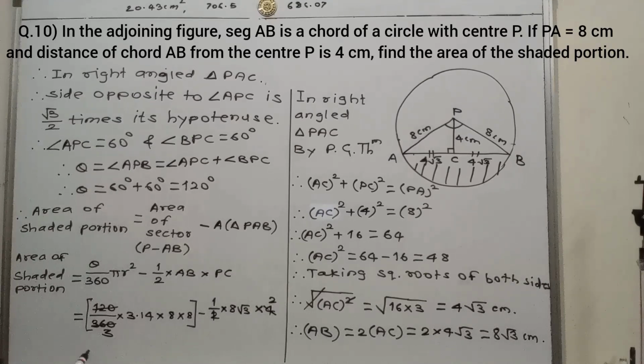Now we write here, see this, 64 into this, 3.14 into 64 upon 3 minus, see this, 8 into 2, 16. 8 into 2, 16. And square root of 3, value is given 1.73.